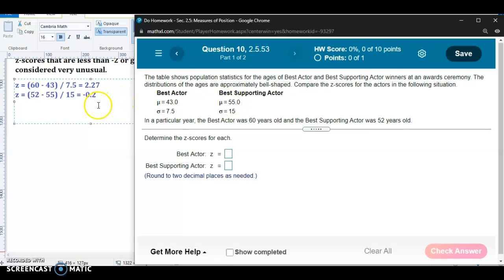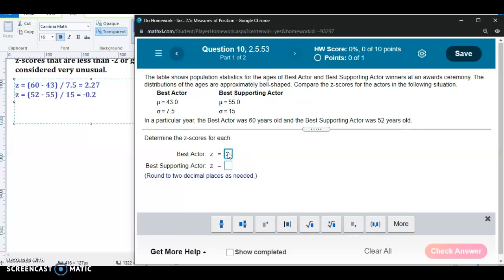In particular, it's negative 0.2, so their age was 0.2 standard deviations below the mean. All right, so let's input our answers: 2.27 and negative 0.2.